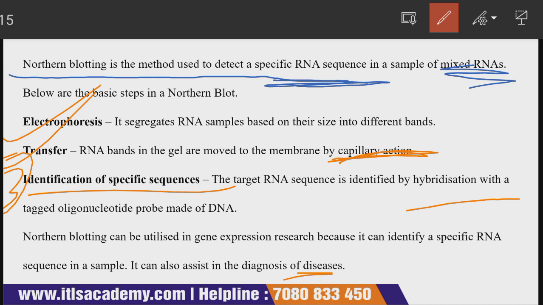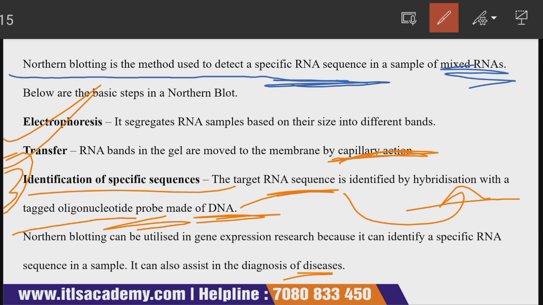Then the target RNA sequence, meaning which RNA you want to detect, is further identified by hybridization with a tagged oligonucleotide probe. You use an oligonucleotide probe that is made up of DNA, and with its help you identify the RNA sequence by a process known as hybridization.